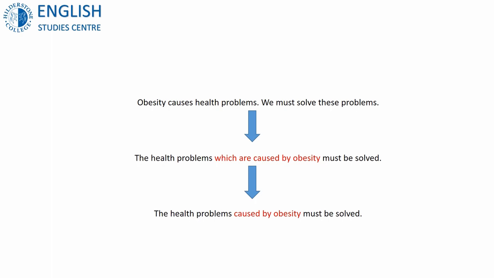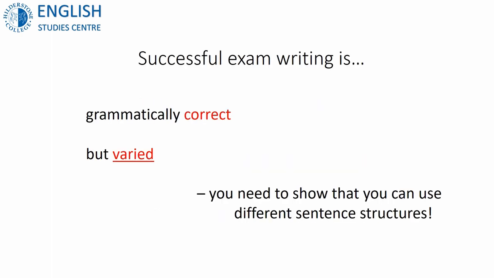So I look forward to seeing some more of these kinds of sentences in your writing because, as you all know, successful exam writing is grammatically correct, but it's also varied. So you need to show that you can use these different sentence structures. I always say that features of academic writing like this are like salt in the kitchen when you're cooking. A little bit of salt is a good thing. It makes your food taste better.